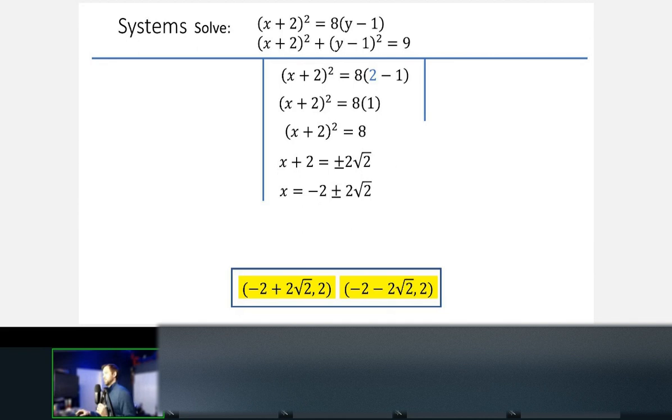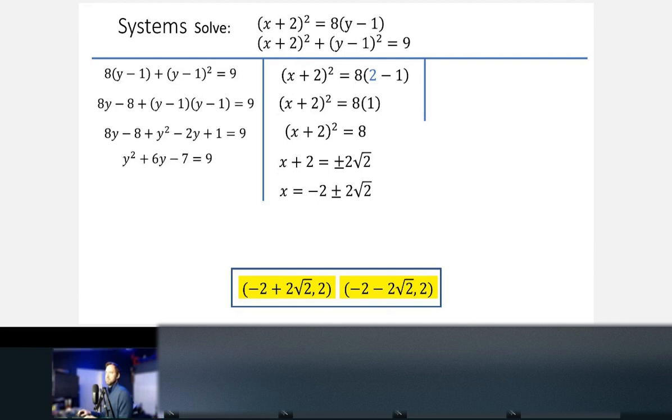You can skip half of the work that involves finding the first variable. But here's the work if you did find the y value the algebraic way by using substitution.